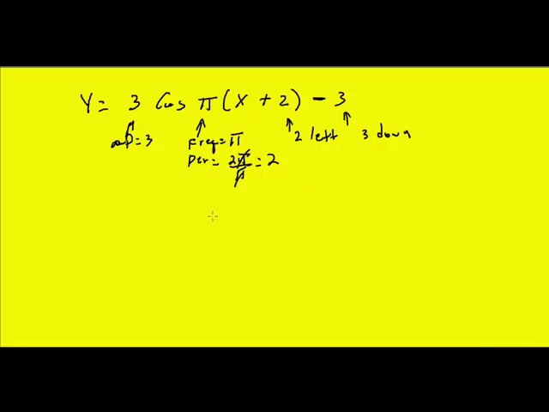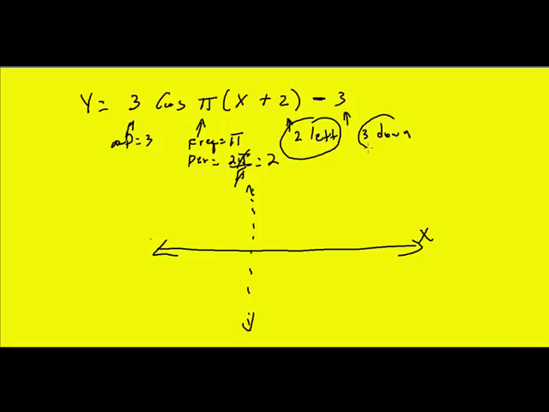So let's plot our points. I'm going to have my x-axis. Since I'm going to shift 2 units to the left, I'm going to do a temporary y-axis. And then since I'm going 3 units down, I'm going to go down here, call that -3. I'm going to have a new horizontal axis here.